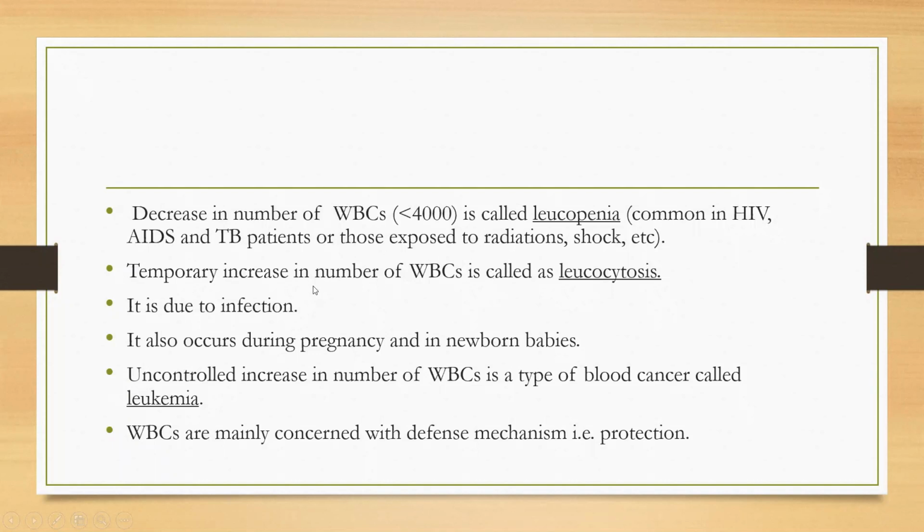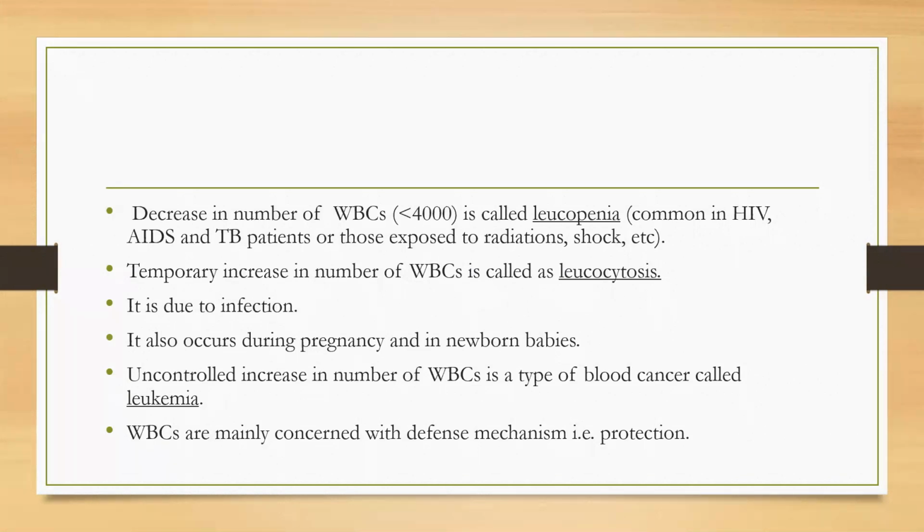Now, a temporary increase in the number of WBCs is called leukocytosis. If you are suffering from infections like viral infections or bacterial infections, the number of WBCs increases. We know that WBCs act as a part of the immune system, a line of defense.